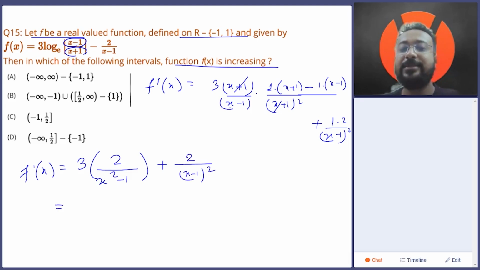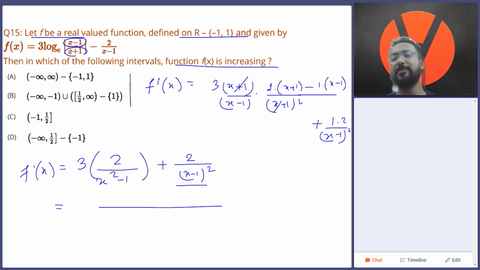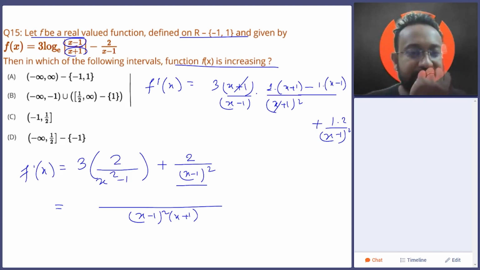If you take LCM, you will see. So I think 3 was already here. Okay. And then along with 3, this 2 was there. So LCM, if we take x minus 1 whole square, and this is x minus 1 into x plus 1. So x minus 1 whole square into x plus 1. Correct? Okay, so if we just write this, it'll be better for understanding.